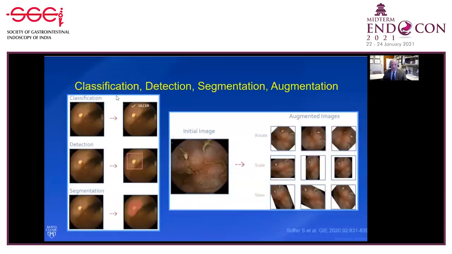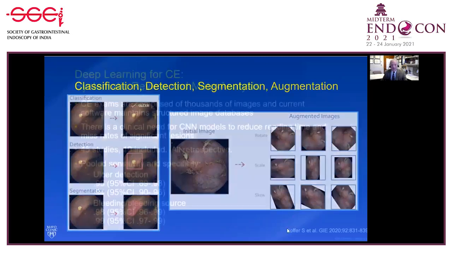The process is where you classify the lesion, you detect the lesion, and then you segment it so that you can use it, and then you augment the images, and this gives you more data on which to base this.